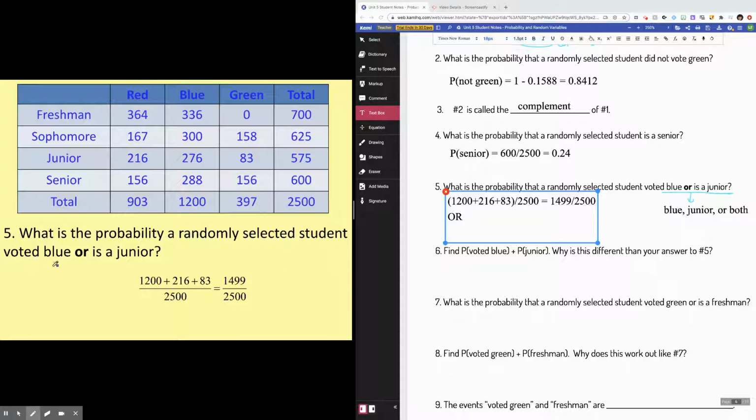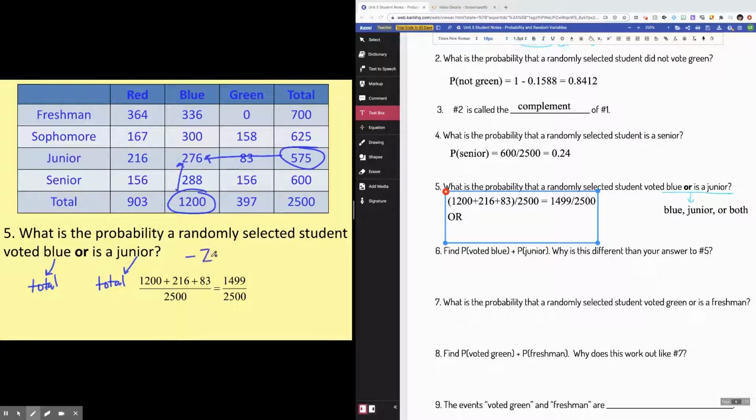Okay, so you find the total in the first category. So the total for blue was 1,200. The total in the second category, for junior, is 575. And then you have to subtract the number that they have in common.